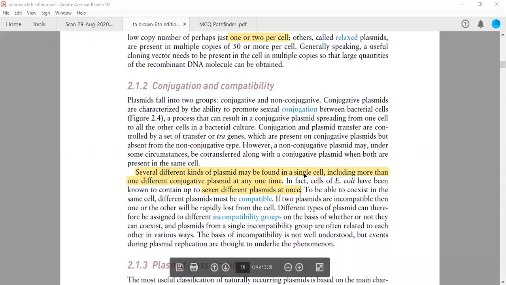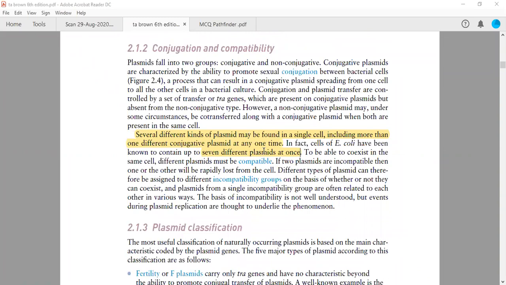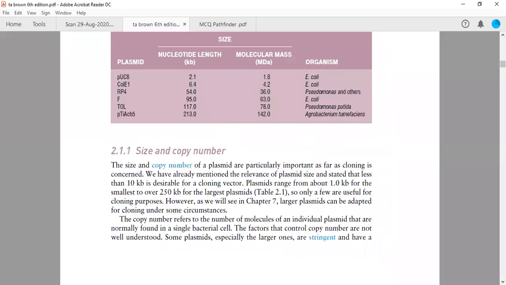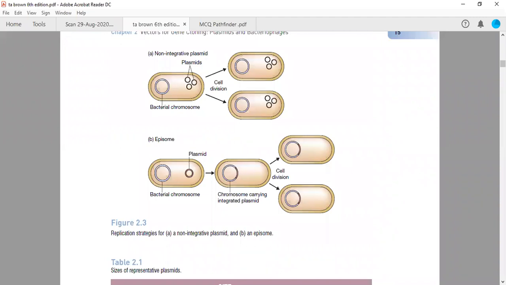Fine. So depending upon these compatibility groups or the compatibility of the bacterial cell, different types of plasmids can be present in a single bacterial cell, including more than one kind of conjugative plasmid. One kind of conjugative plasmid is the F plasmid, which we are going to discuss in this class. And depending upon this F plasmid, we can group these bacterial cells into two main types. In this text, we have discussed episomes. So what is an episome?